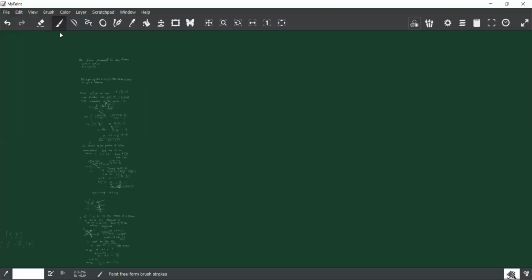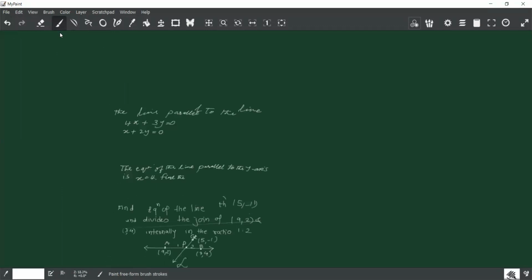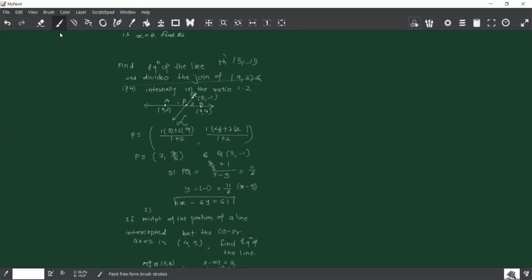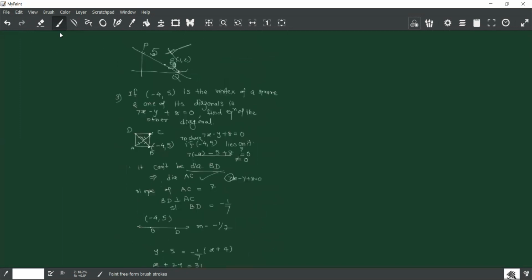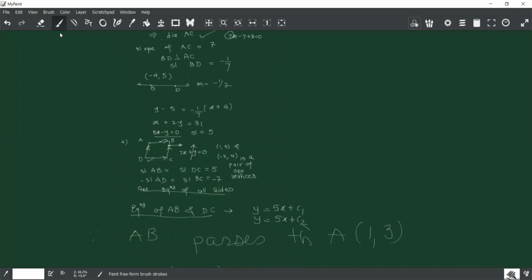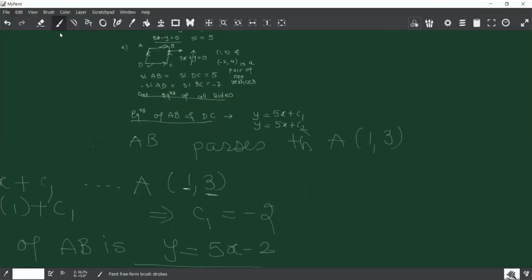Increase it a little. It has come too far ahead, wait. Yes, see from here. Now is it visible? Okay, you can zoom from your side. Okay, thank you so much.